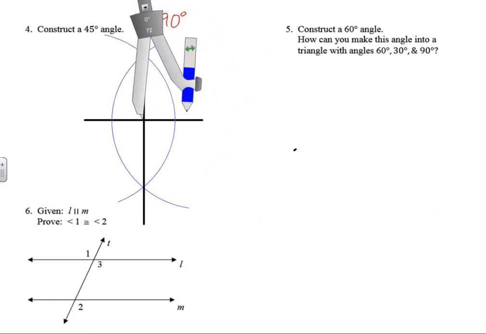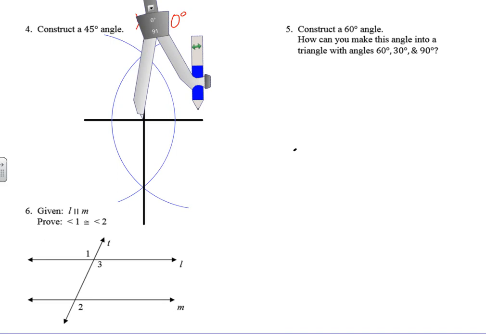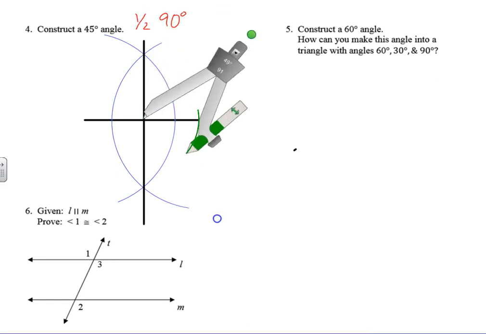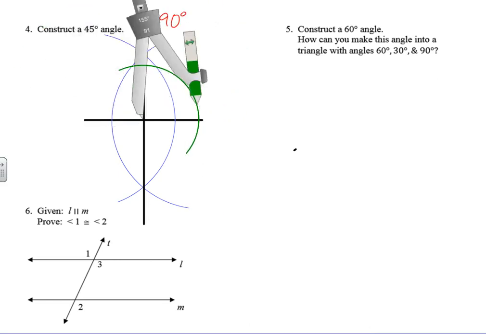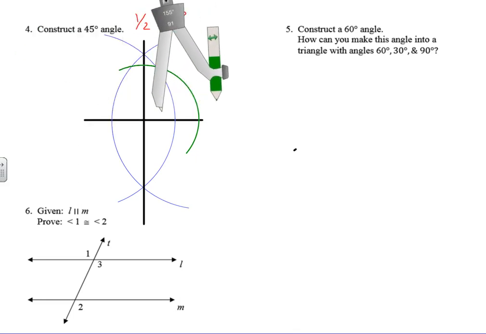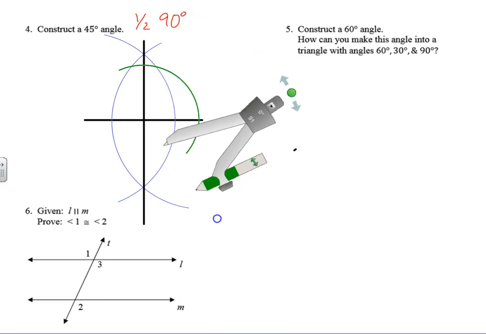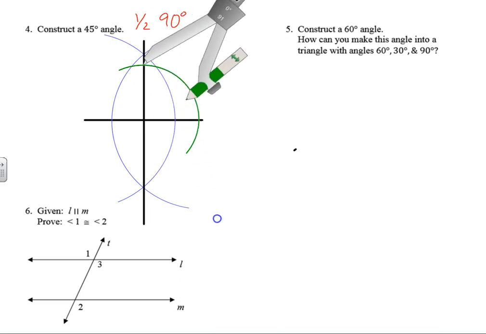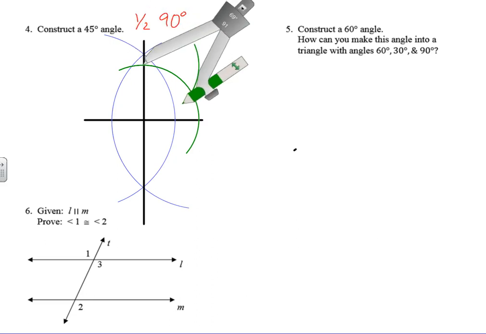So remember, with our angle bisector construction, let's do this in a different color to illustrate the differences. You want to start with a reference arc that hits both sides of that 90-degree angle. Okay, I'm going to come up here. Let me turn this a little bit to make this work. Okay, there we go.